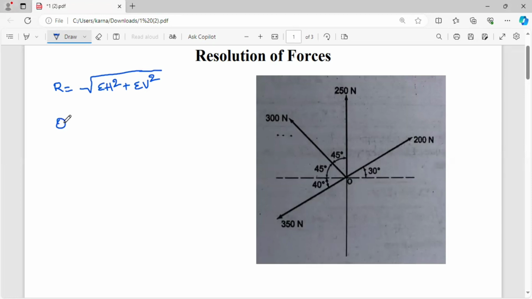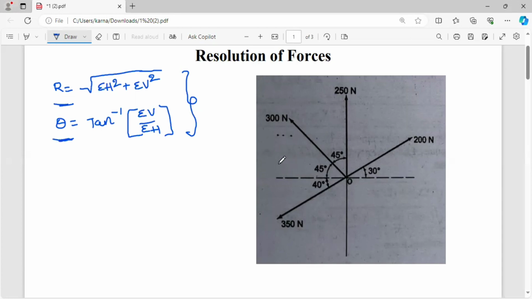Whereas direction theta equal to tan inverse of sigma V by sigma H. So to solve this type of problem, you have to remember these two expressions. R is the magnitude of the resultant force, theta is the direction of the resultant force.